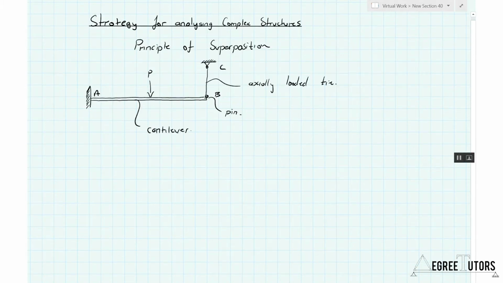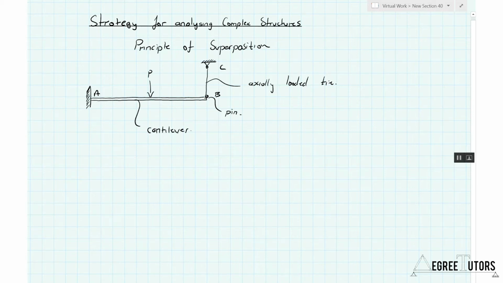Okay, so we look at that and we think, okay, well, hang on a second. That's 3 reactions potentially at A, and you've drawn a pin at C, and that's potentially 2 reactions. So that would make 5. We've got 3 equations of statics, and so that would mean it's statically indeterminate to 2 degrees. But actually, that's not the case.